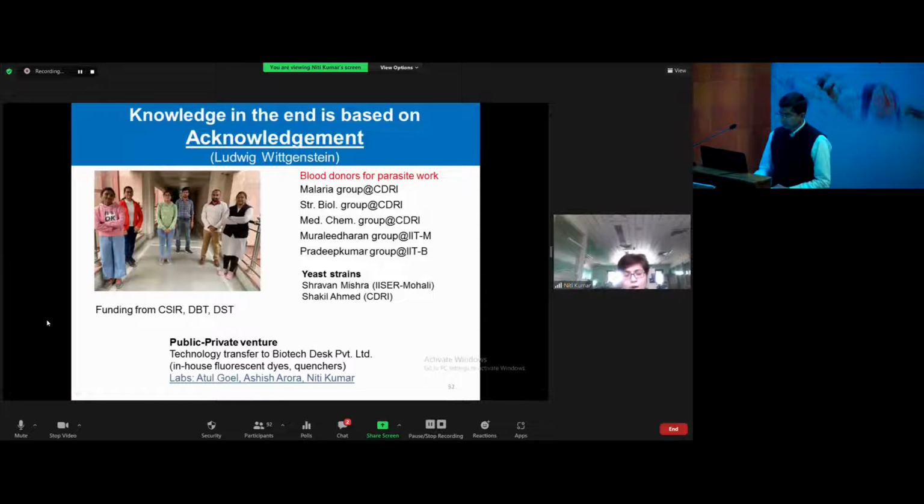Because, as you all are aware, there were questions about how to import fluorescent dyes and quenchers for TaqMan probes for RT-PCR based diagnosis of SARS-CoV-2. So Atul is a medicinal chemist and Ashish is a structural biologist, and so we all teamed up and we prepared in-house fluorescent dyes and quenchers. We did labeling of the dyes and tested these TaqMan-like probes in the COVID positive samples that we got from a CDRI facility, and this technology was transferred to Biotech test.